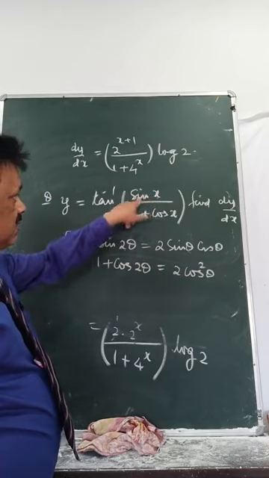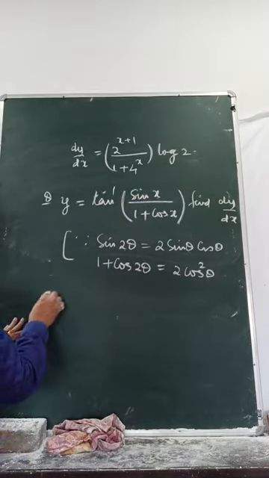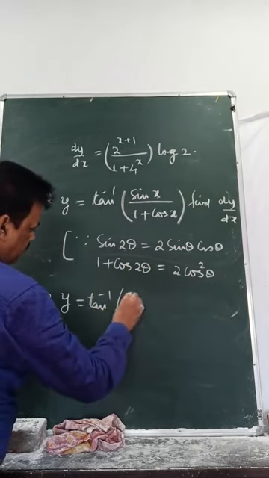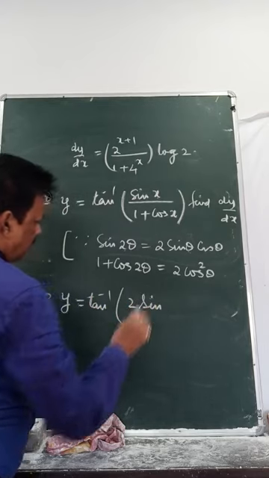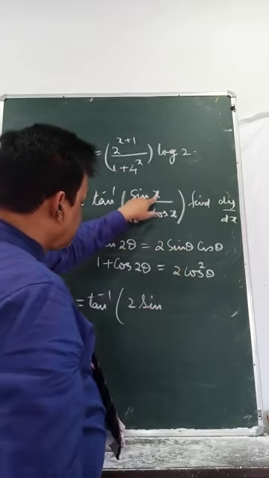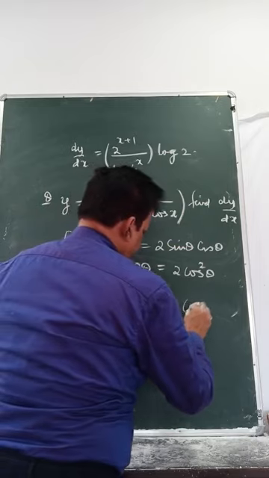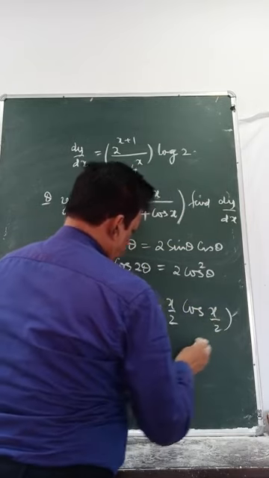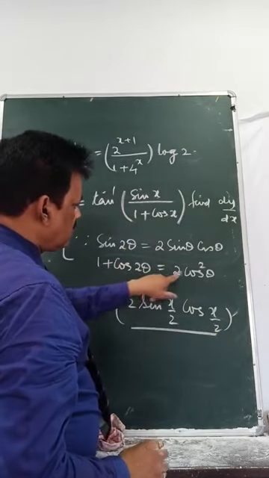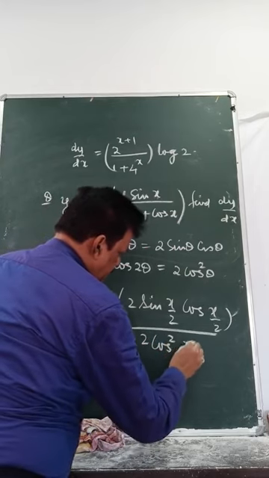So half of this angle will be what? Then you will find y equals tan inverse of 2 sin x by 2 cos x by 2 divided by 2 cos square x by 2.